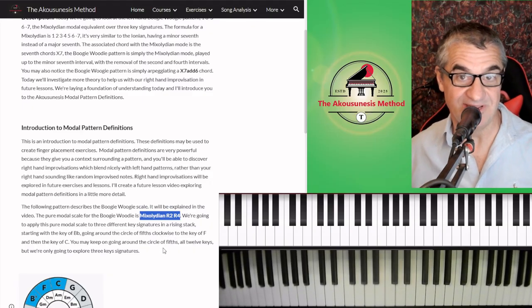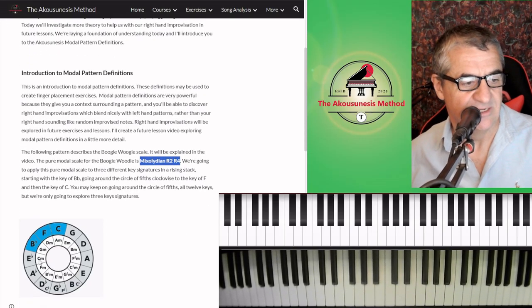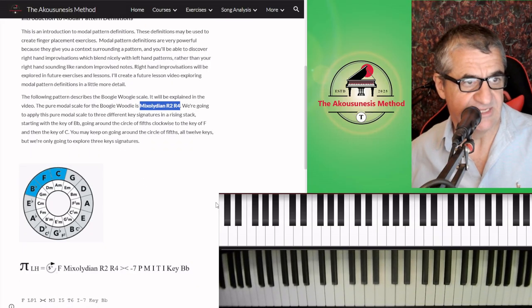We're just going to do it to 3 notes. With that pattern, it's a mixolydian, we're going to have a look at the circle of fifths. We're going to be in keys B flat, F and C, and we're going to apply it to the chords F, C and G. So let's see how that's done.